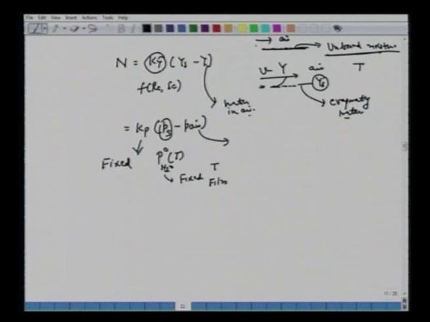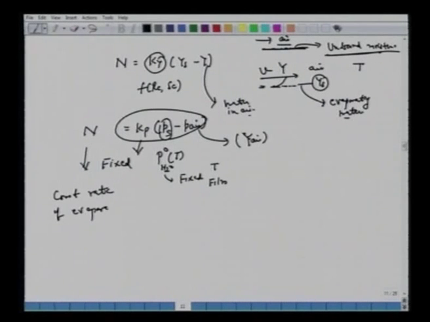Ensure that you have a continuous supply of air and the content in air does not change. So you have essentially a constant rate of evaporation, which we are calling the drying rate.